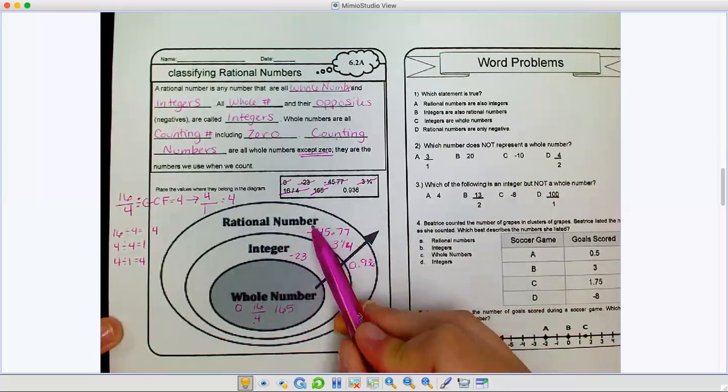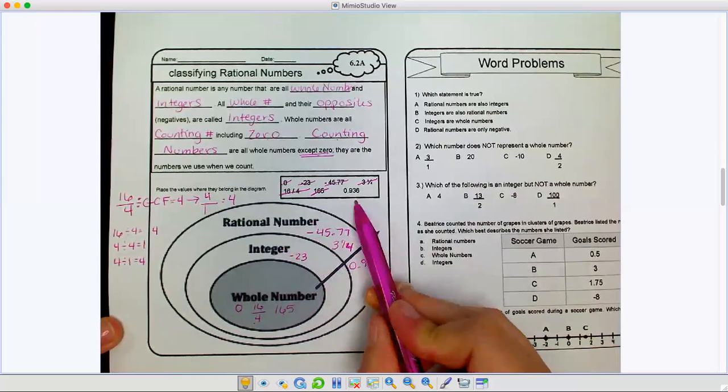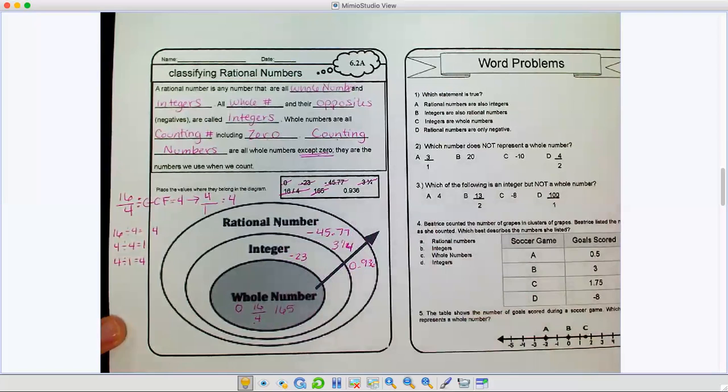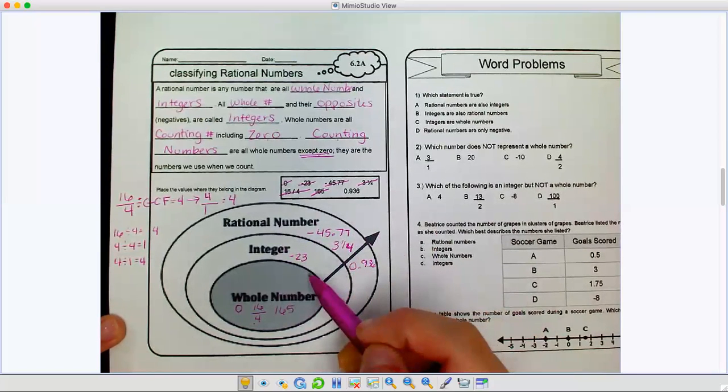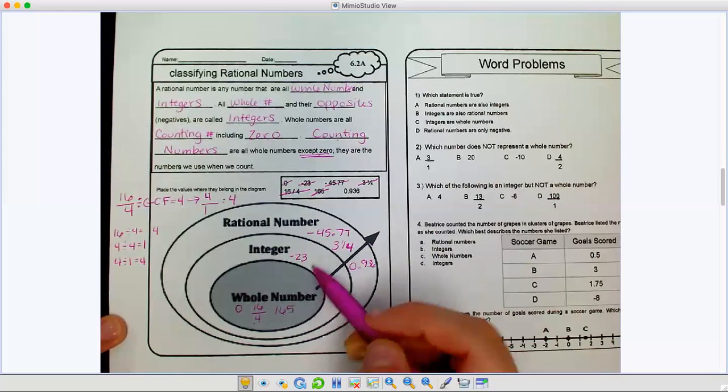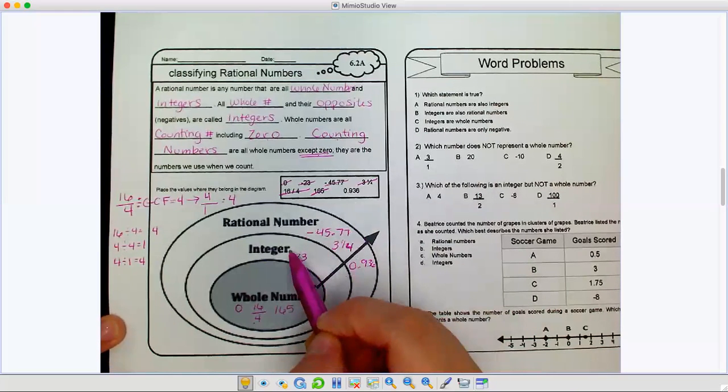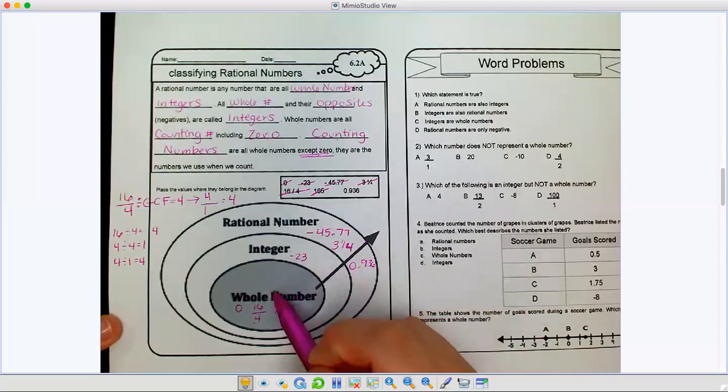And then rational, if we move outward, since it includes all numbers, that's it, okay? What it means is you cannot go back into the circle. Never, ever, ever. So rationals are not integers, and integers are not whole numbers, okay? We cannot move in the circle.